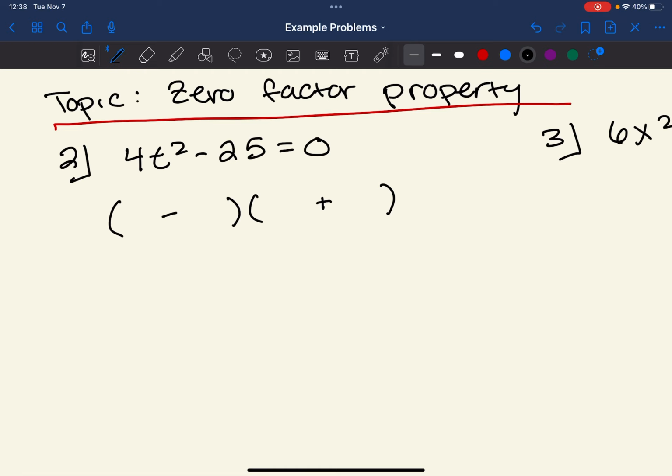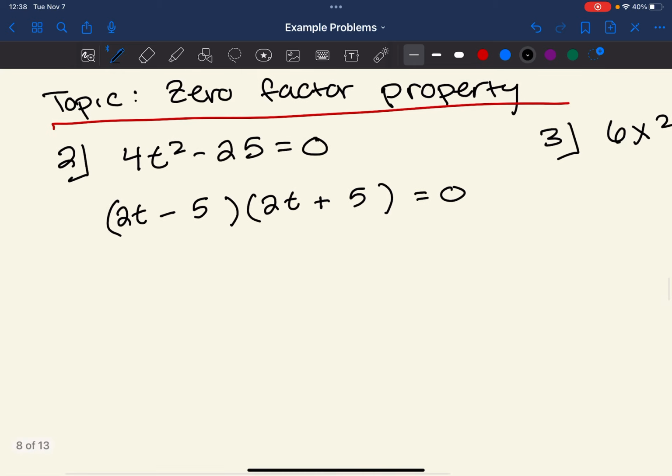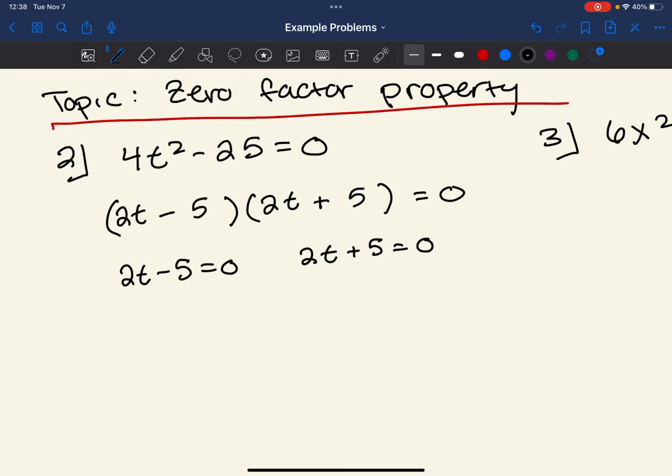The square root of 4 is 2, so this is 2t, and the square root of 25 is 5, so 5, 5. So that means I have two factors of 2t minus 5 and 2t plus 5 equals 0. Now I can set them separately equal to 0, and I can get my two possible answers.